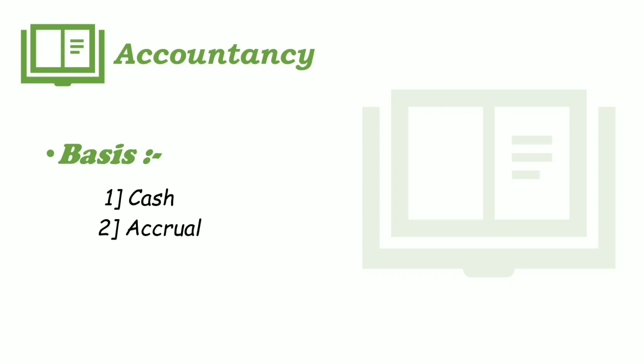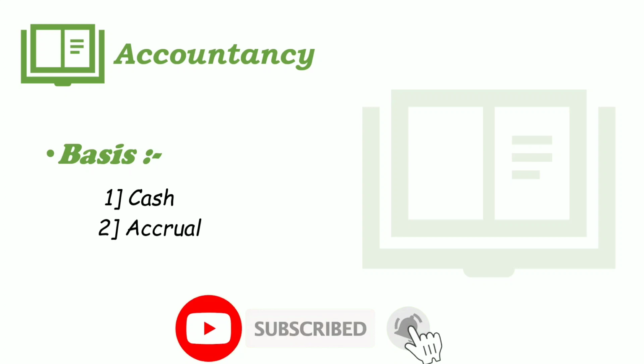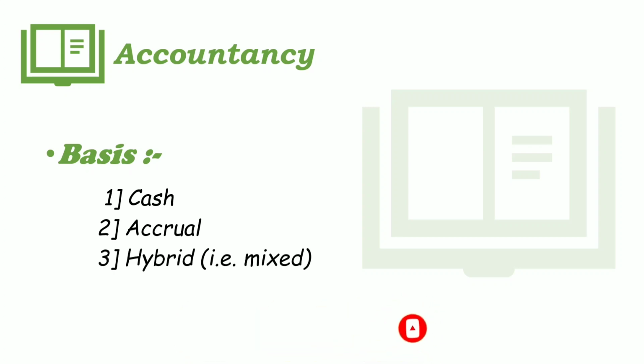Cash is not received but still I record it into my books of accounts, so it is called the accrual basis of accounting. And then I have the third method, which is called the hybrid method. What is this hybrid method? It says I use a combination of the cash basis as well as the accrual basis, something like a fusion.